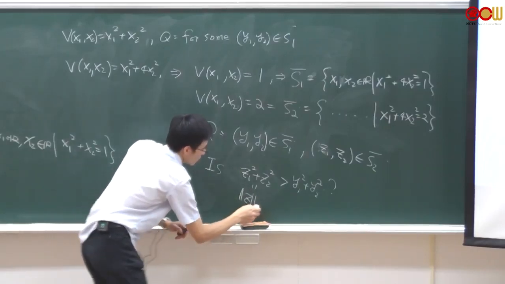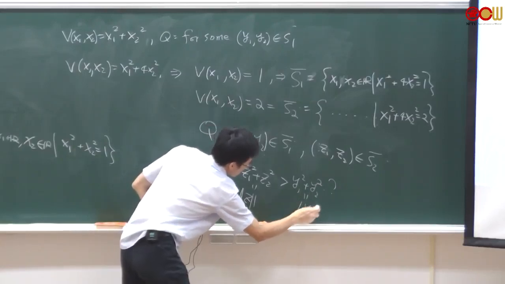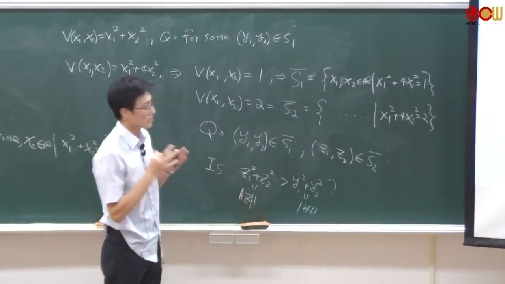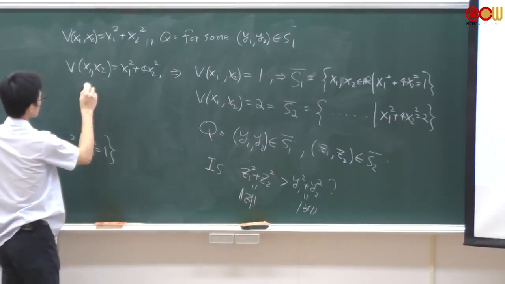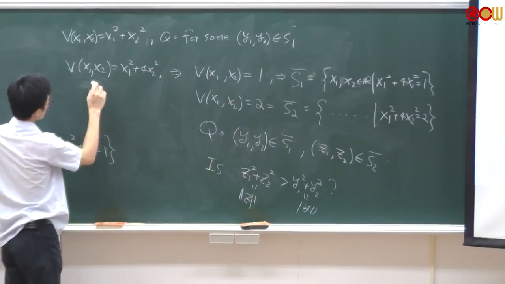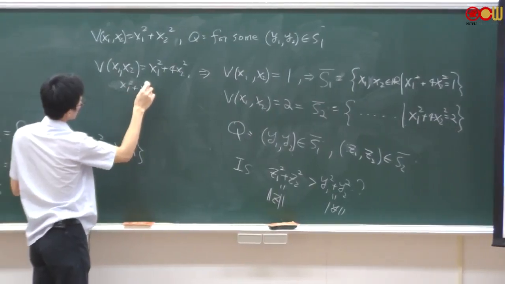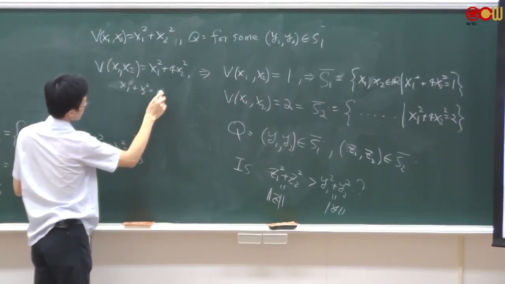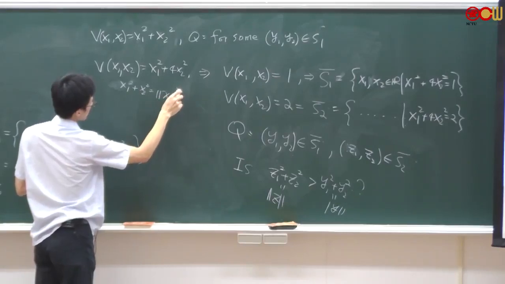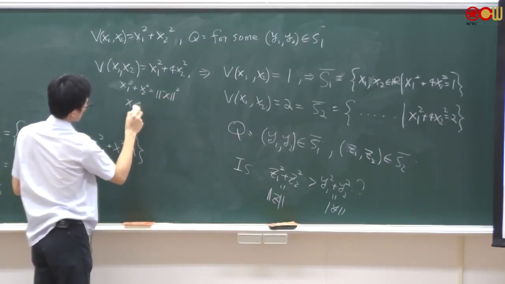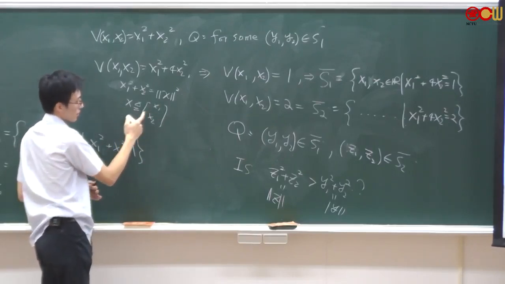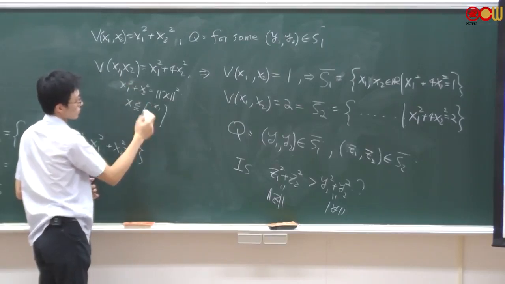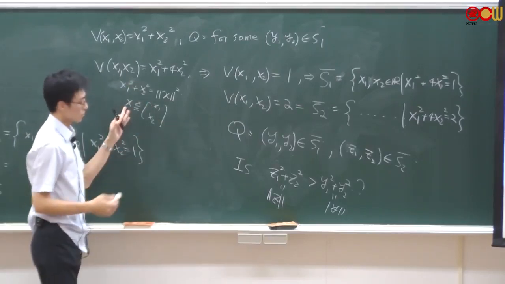This is equal to the norm of z, and this is equal to the norm of y. y and z are some states, like x1, x2. x is defined as a vector composed of x1 and x2, so it's condensed to one variable.